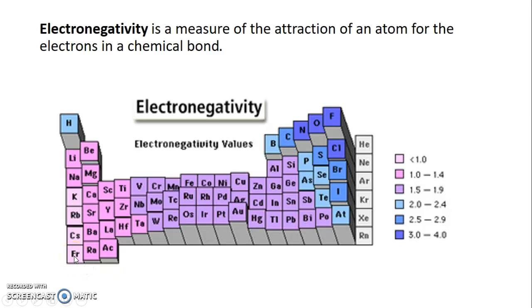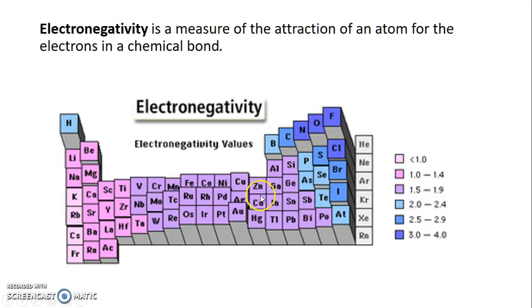In fact, francium gives away its electron as quickly as possible. And you'll notice that all of these group 1 metals do that as well. So you can probably pick the trend: increasing electronegativity across this way and decreasing electronegativity across this way. So you might talk about a general trend from diagonal, low electronegativity down here to high electronegativity up there.